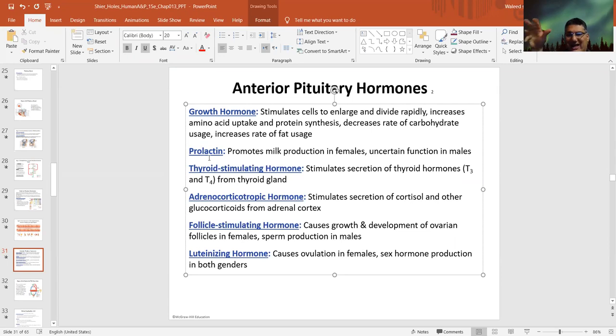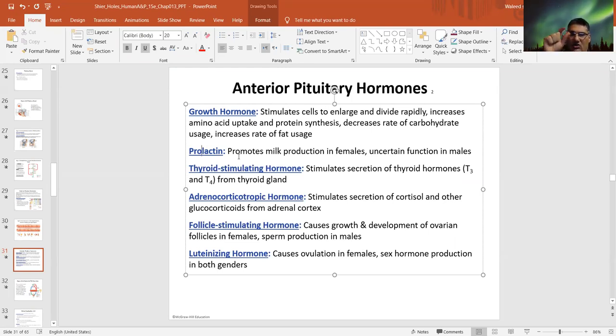So prolactin stimulates the female breast to secrete breast milk. And please always translate. If you try to memorize this, it is hard, I can tell you. The endocrine system is one of the hard systems, but cut it into pieces.